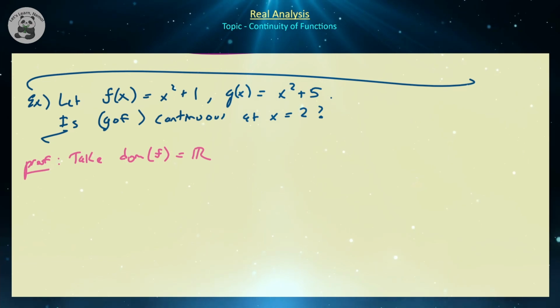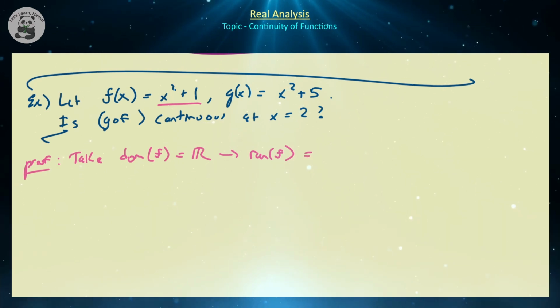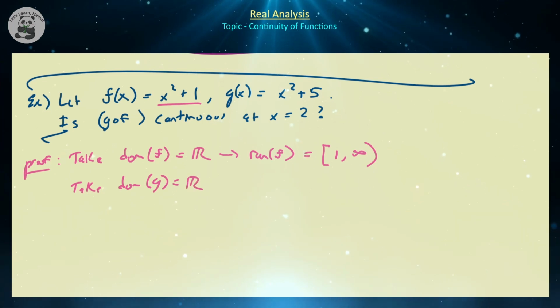If we take the domain of f to be R, what's the range of f? This is very important. Keep in mind x squared plus 1 is just a parabola facing upward shifted up 1 unit. So the range of that mapping is going to be 1 to infinity. Let's also take the domain of g to be the set of real numbers.